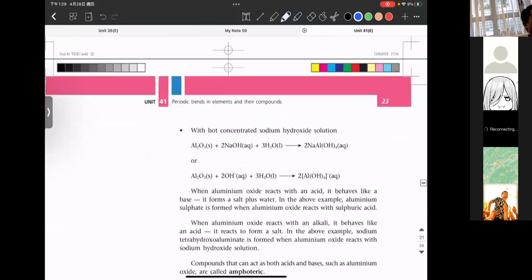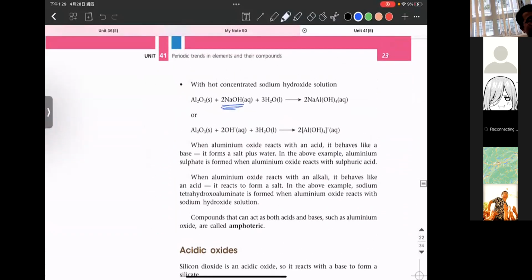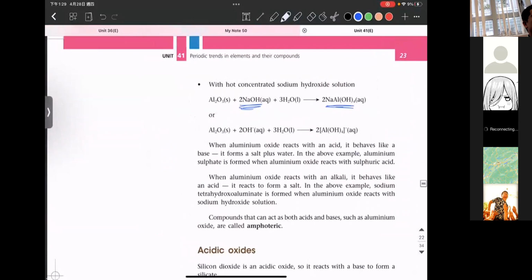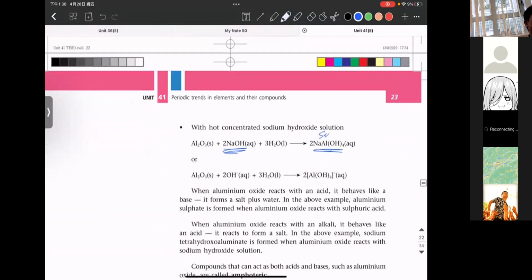However, if I have aluminum oxide and we add alkaline, they will also form a salt. So it seems that if that is the case, for alkali like NaOH, it is forced to define it as an acid. Can you get my point?